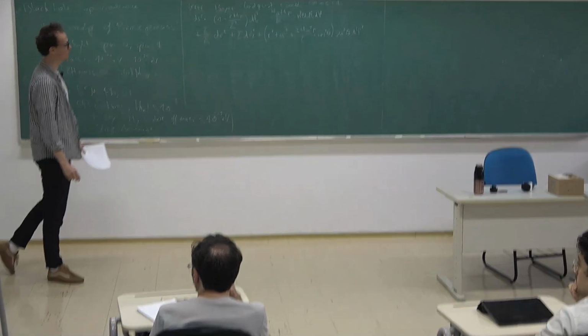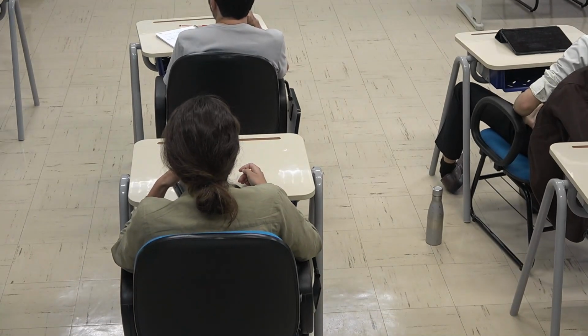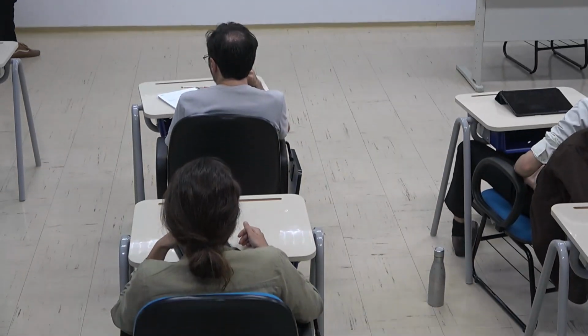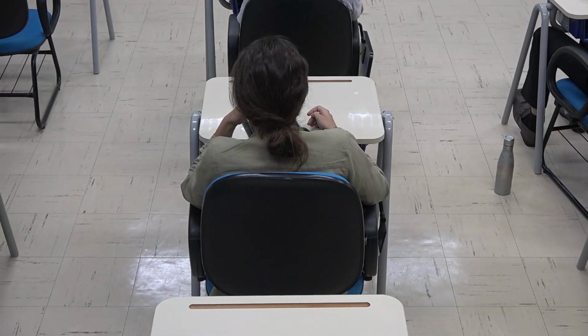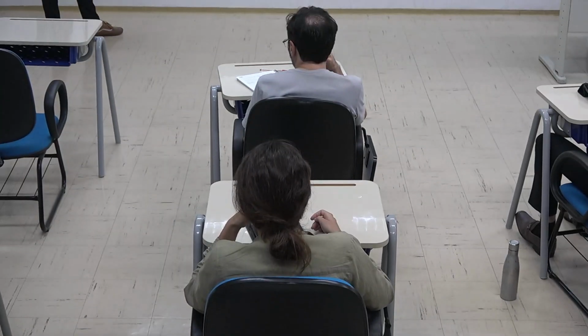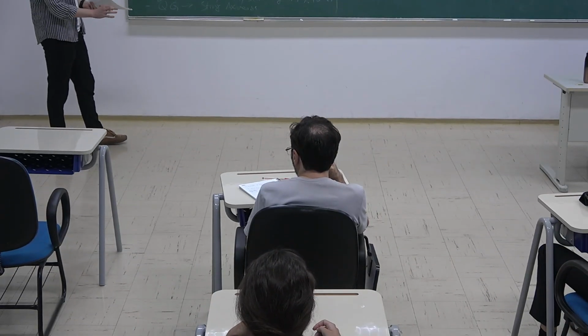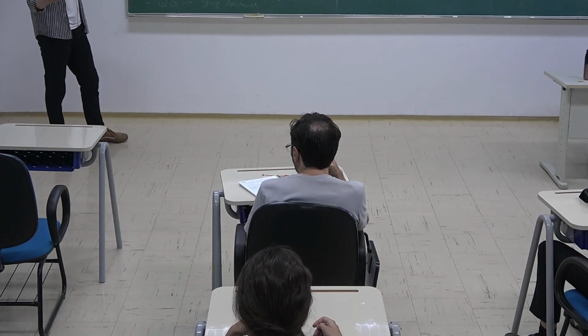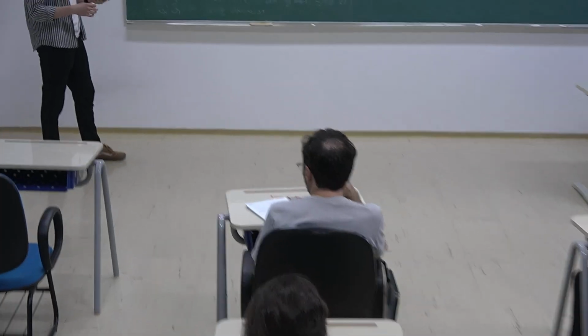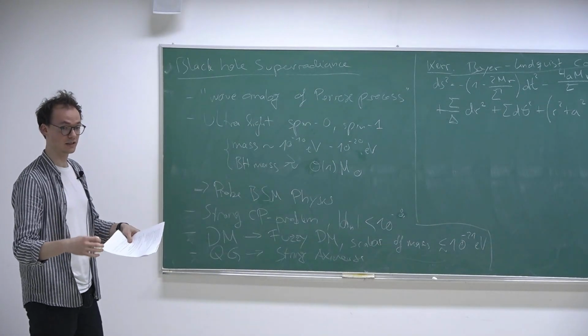Right. So there won't be any radiation in these particles. It depends on the context, but for the vanilla model, there won't be any radiation from these particles. You will see in a second, but it will generate a cloud of these particles around the black hole. It will just be sitting there.